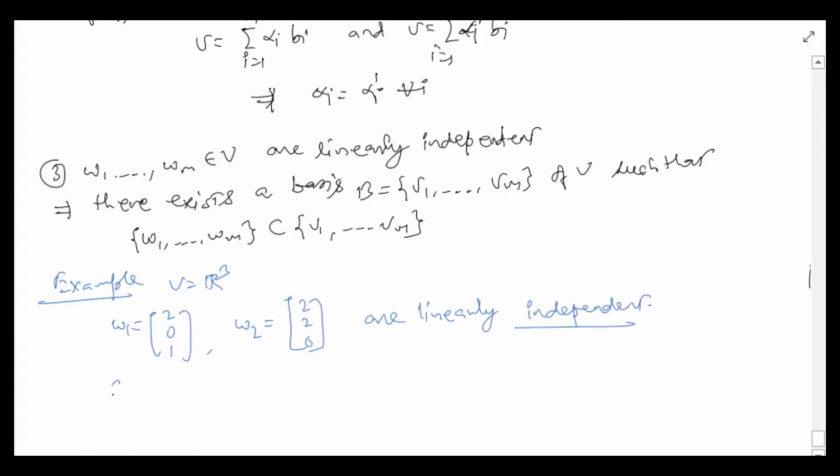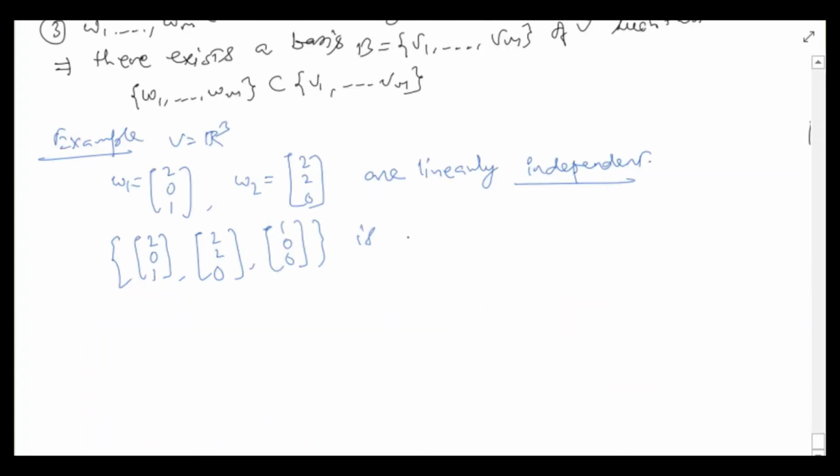Then there exists a basis that contains these two, say 2, 0, 1, 2, 2, 0 and another vector, let's say 1, 0, 0, that is a basis of R3.